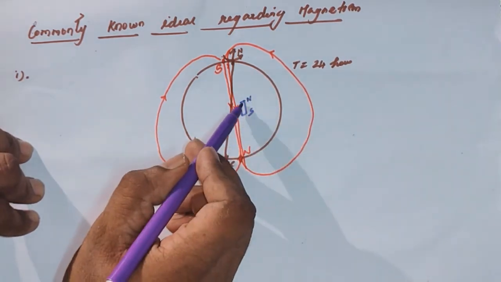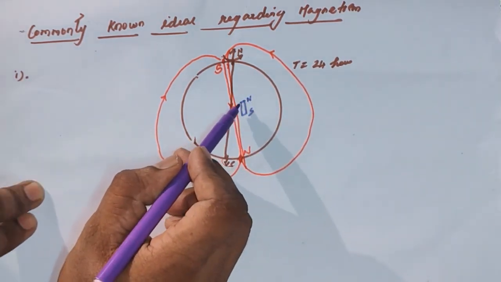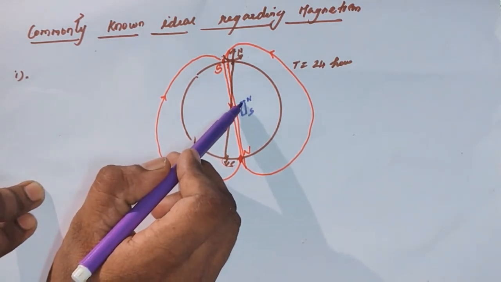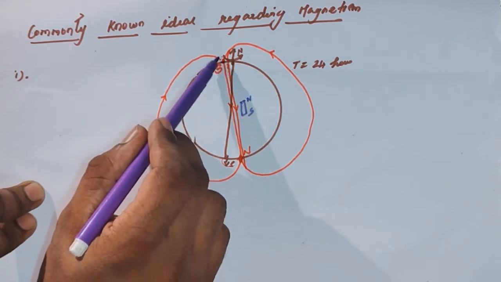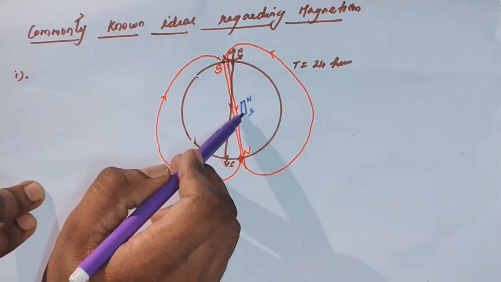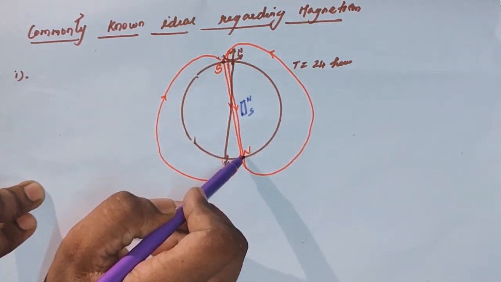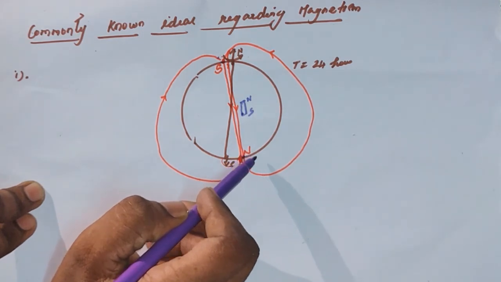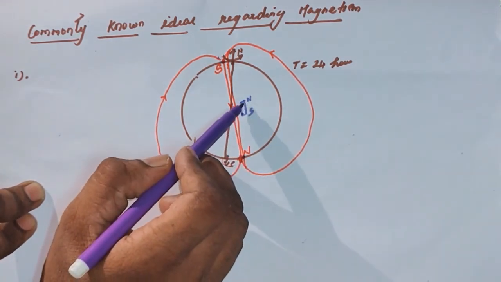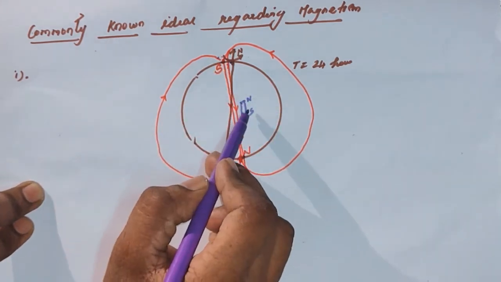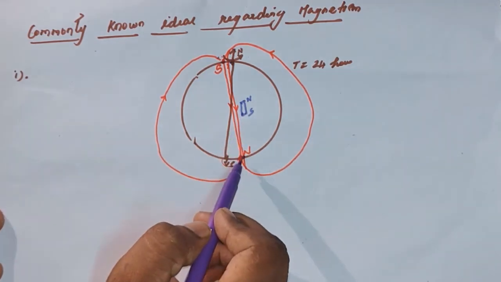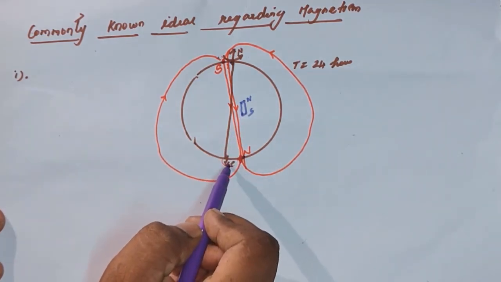If you suspend the bar magnet, its north pole points toward the Earth's magnetic south pole, and the south pole of the bar magnet points toward the Earth's magnetic north pole. Another way to say it: the suspended bar magnet's north pole points to the geographic north pole, and its south pole points to the geographic south pole.